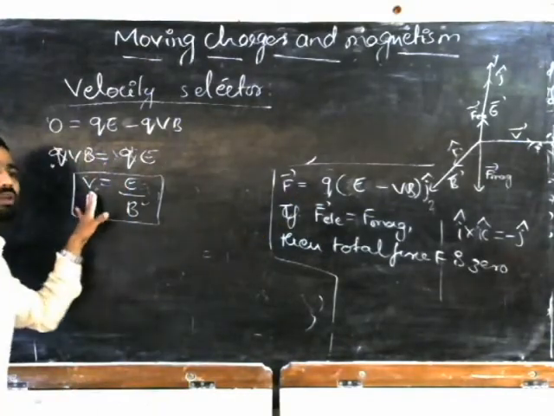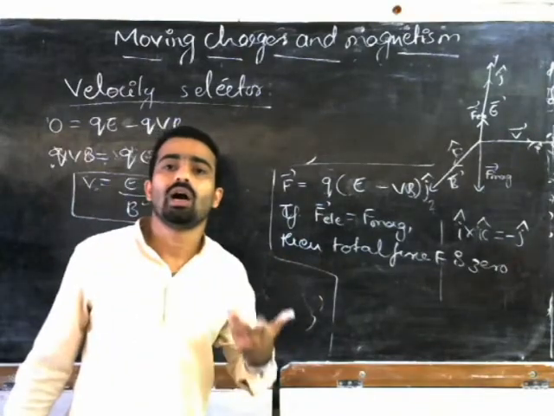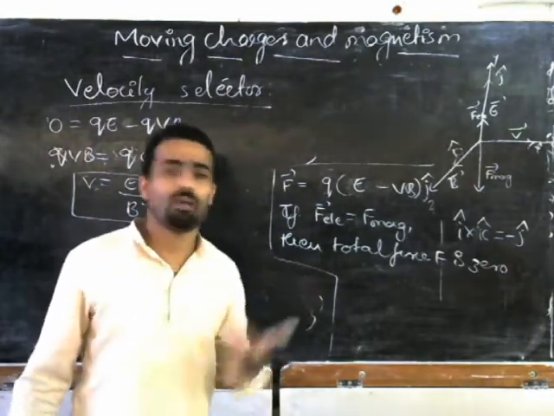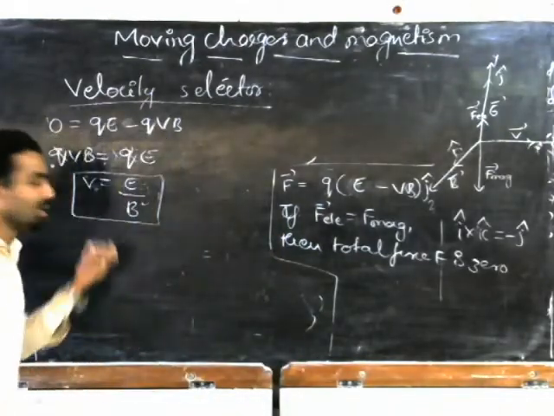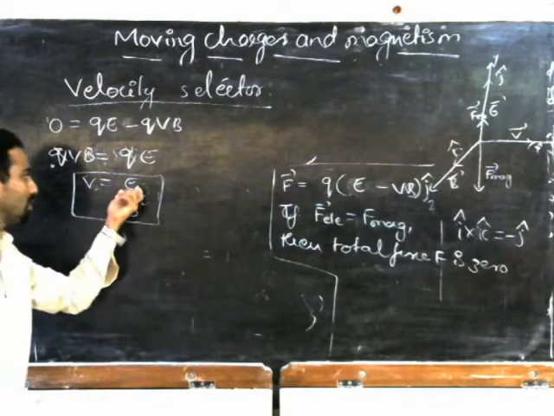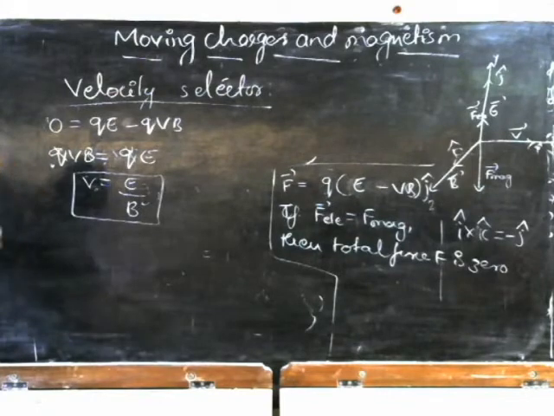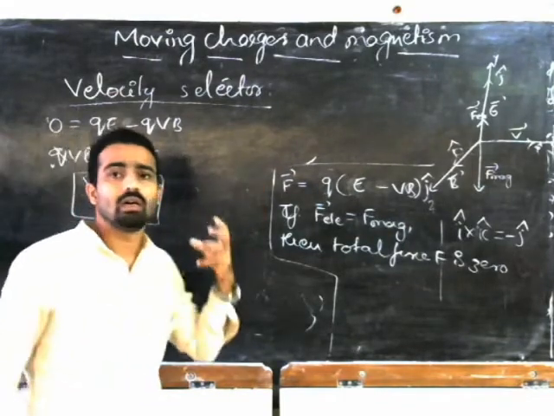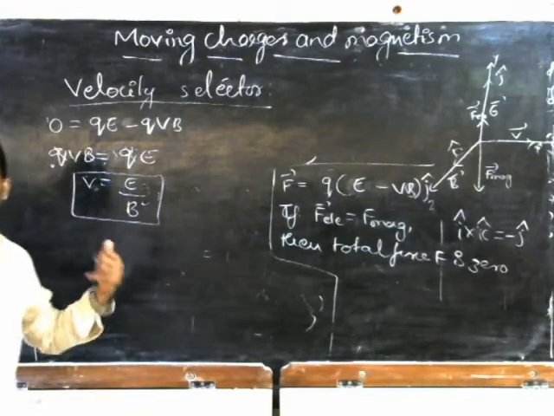So you can vary the velocity of the charged particle as per your requirement. That means a desired value of velocity you can get by varying the values of the electric field and the magnetic field. This is the use of this concept, called the velocity selector.